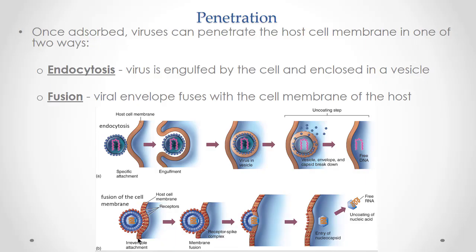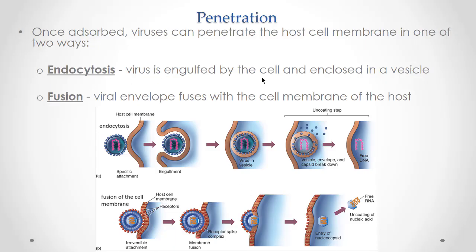So you have these two nearly identical materials here, and because they're so similar, when the virus binds, the two just blend or fuse together. And as a result, the membrane of the cell and the envelope of the virus become one. What that does then is it slides the capsid, which is beneath the envelope, inside the cell. And then from there, the virus will shed the capsid to get the RNA or DNA, whatever nucleic acids it has. So these are just two ways that the virus gets in, and you just want to be familiar with the general differences between the two.